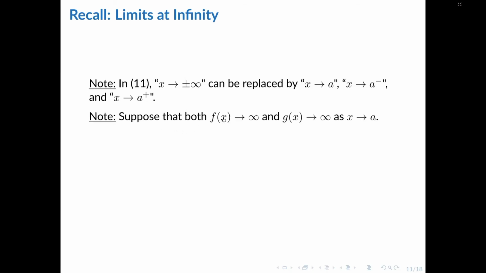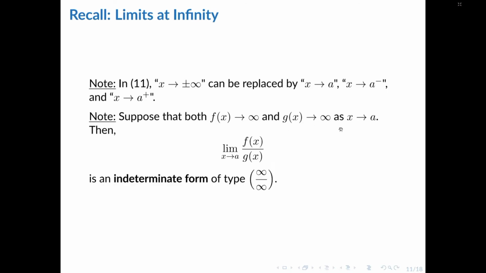Suppose that both f of x approaches infinity and g of x approaches infinity as x approaches a, then the limit of f of x over g of x as x approaches a is an indeterminate form of type infinity over infinity. So infinity over infinity is not equal to 1.